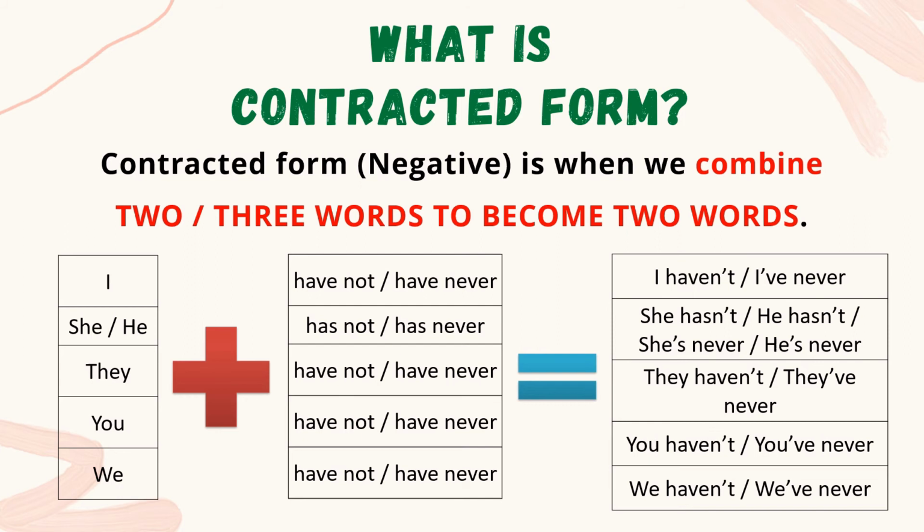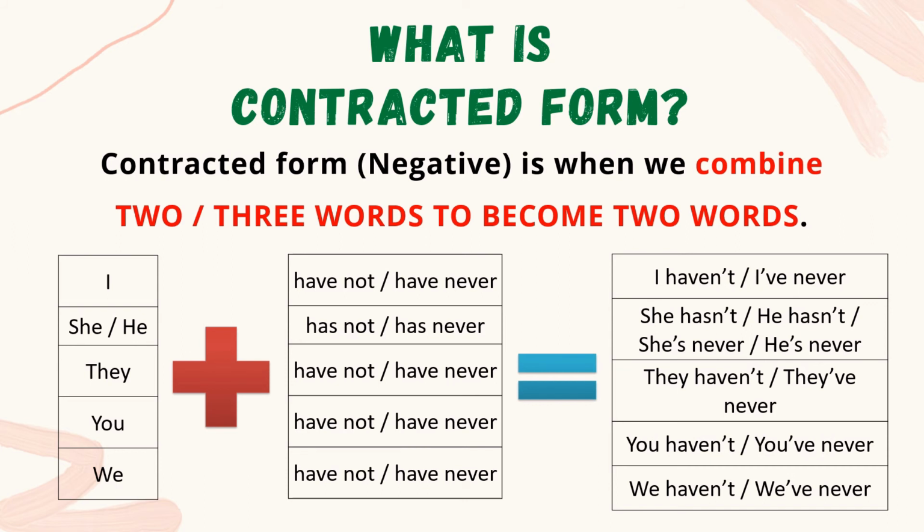The word I combined with have and not, it will become I haven't. The word I combined with have and never, it will become I've never. She or he combined with has and not, it becomes she hasn't or he hasn't.